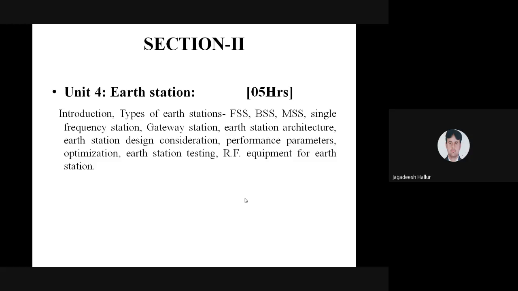I have explained in the performance parameters as EIRP, that is effective isotropic radiated power.